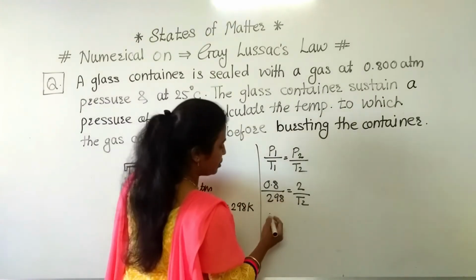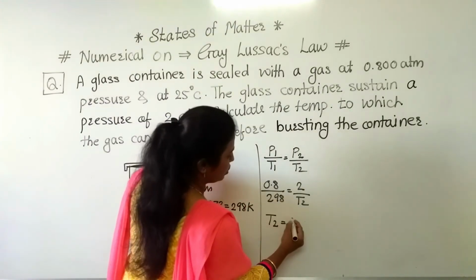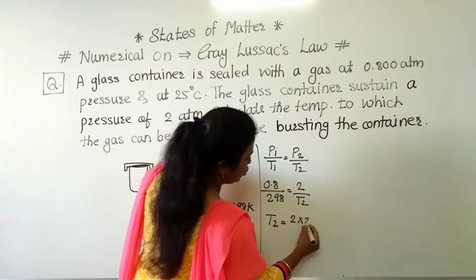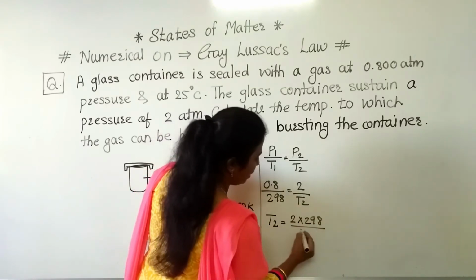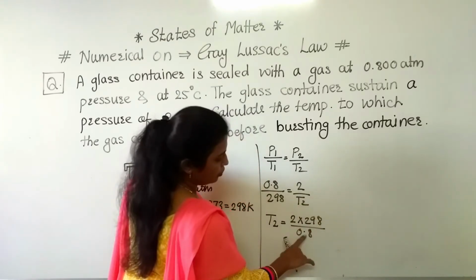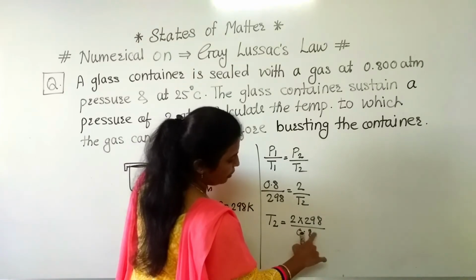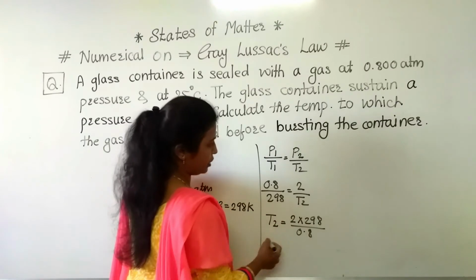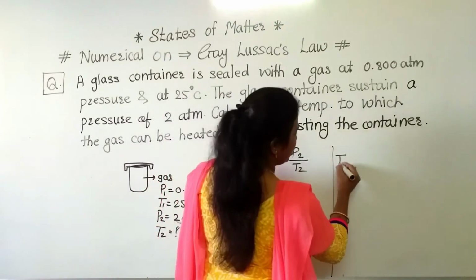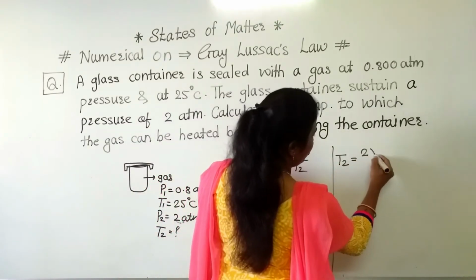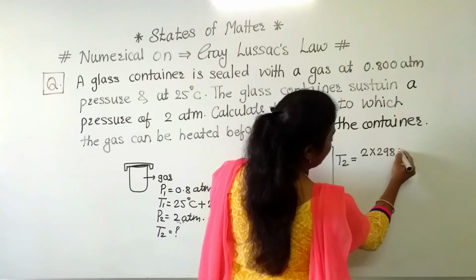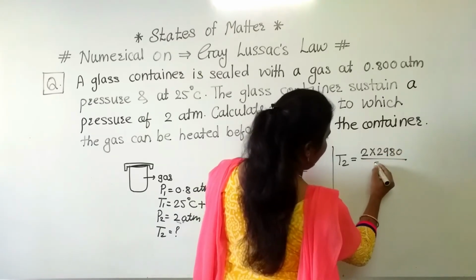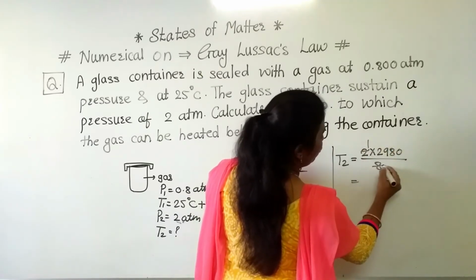Now see, after rearrangement, T2 is equal to 2 into 298 divided by 0.8. Now I am going to shift that decimal. If I shift one decimal, then 10 comes to the upper side. So here T2 is equal to 2 into 2980 divided by 8. So 2 4s are 8.